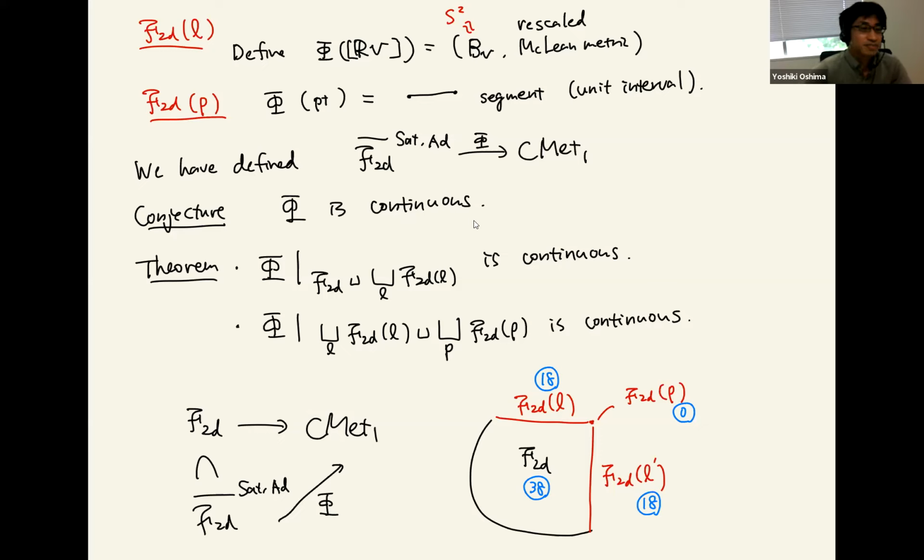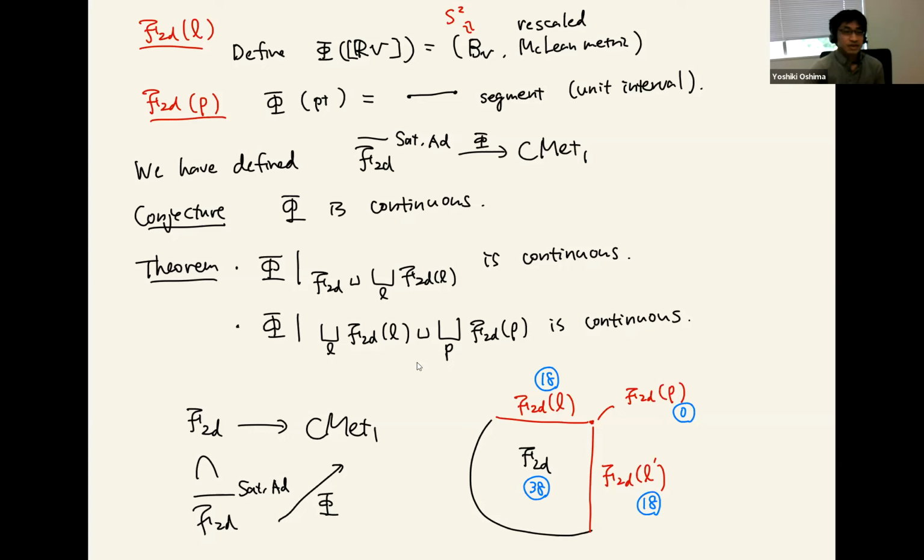We partially prove this conjecture. One is that if you restrict phi to the union of F2D and the 18-dimensional strata, then it is continuous. In other words, this is continuous except for finitely many points corresponding to zero-dimensional strata. It can also be proved that it is continuous on the boundary.